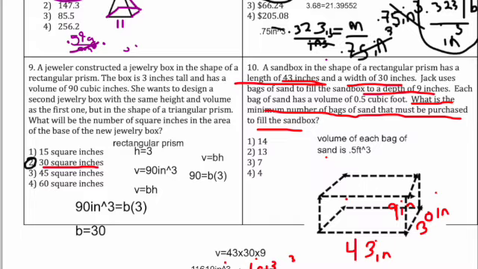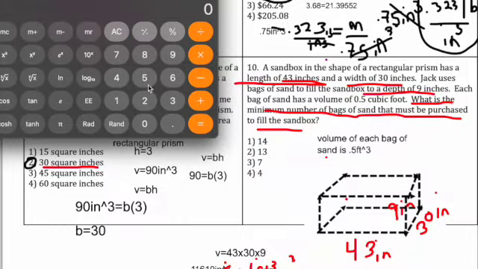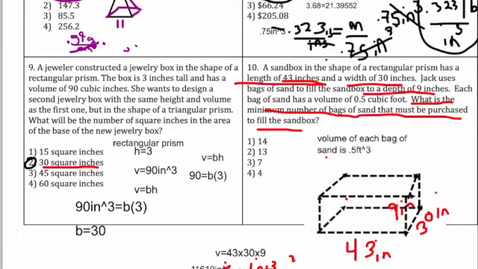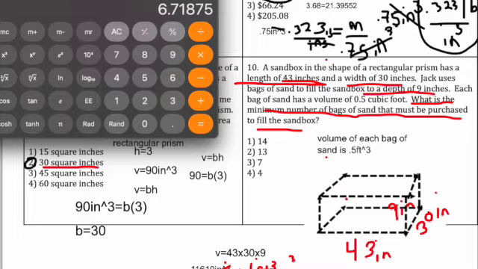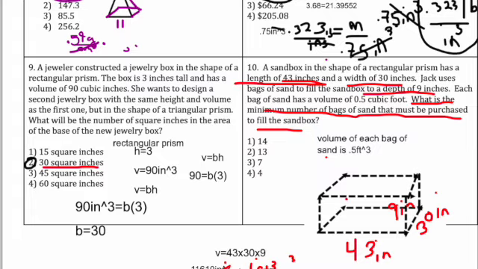Now I'm going to get rid of inches cubed, and I'm going to divide 11,610 divided by 1,728. 6.78, right? 6.71875.